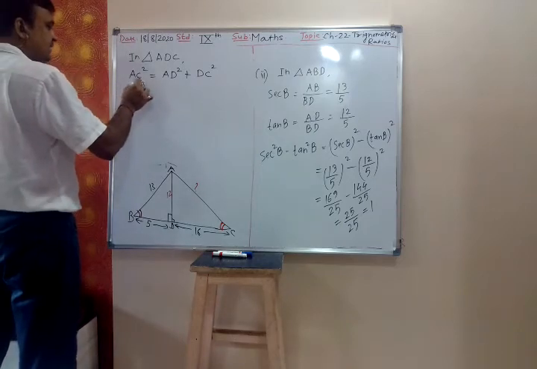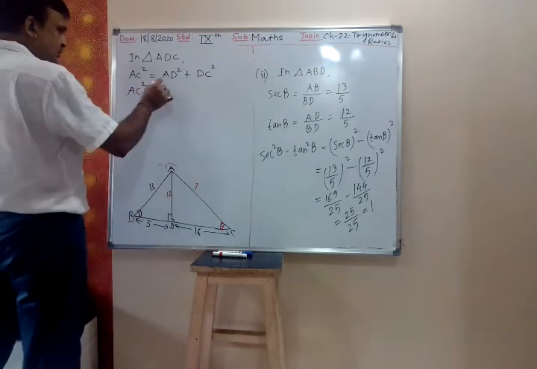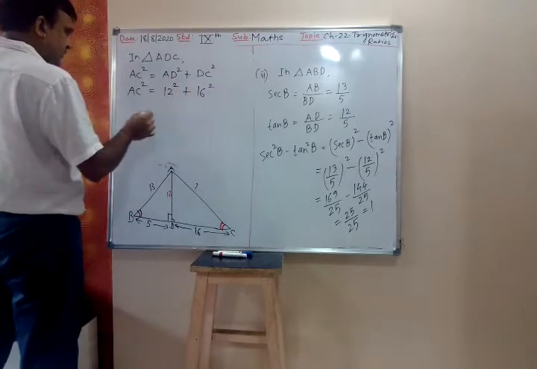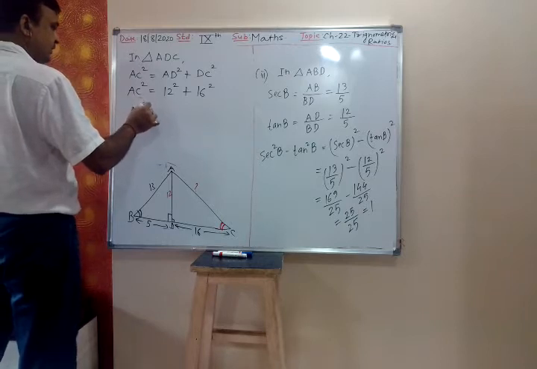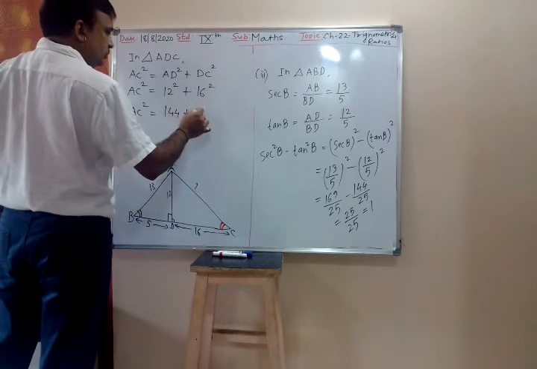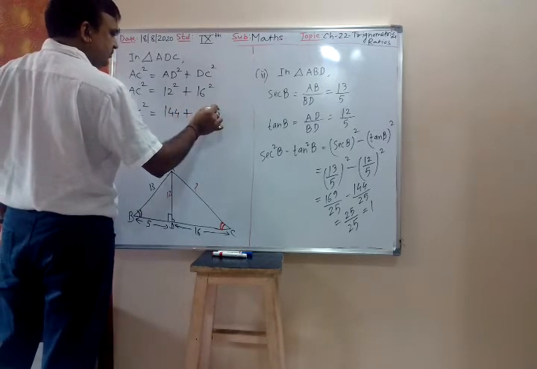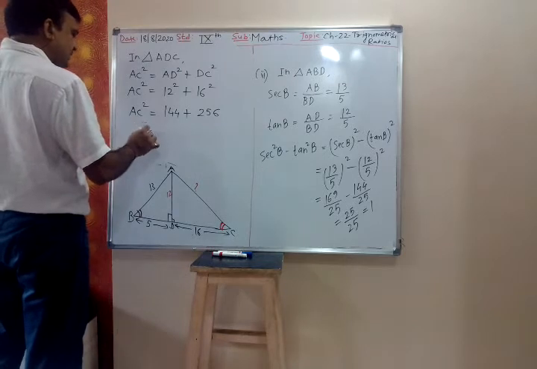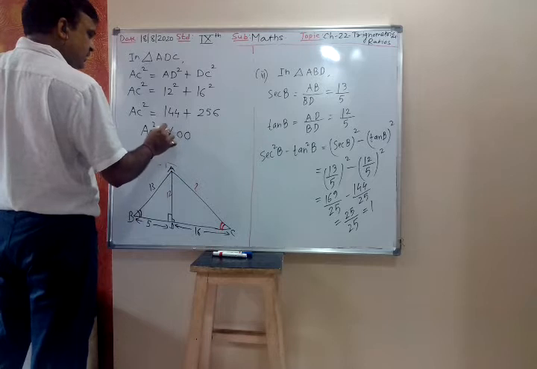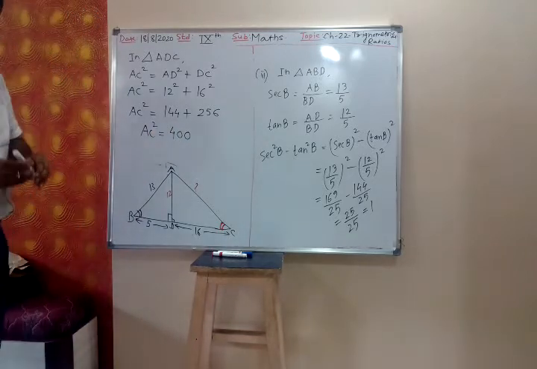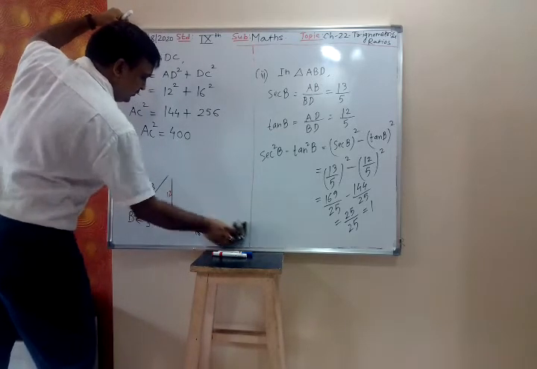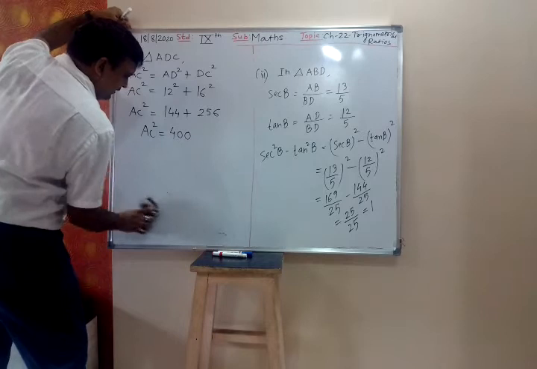So AC square is 12 square plus 16 square, that is 144 plus 256, so AC square is 400.